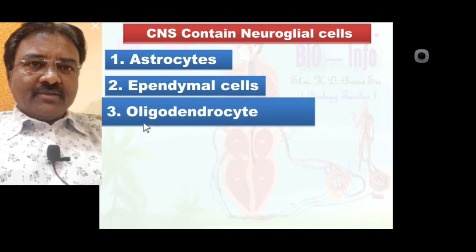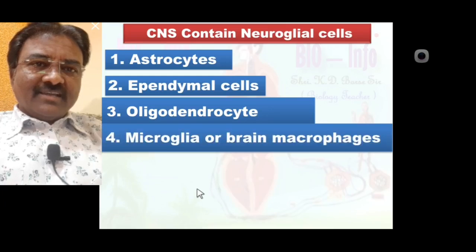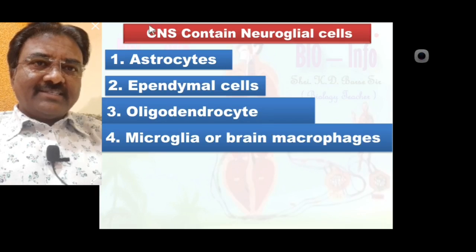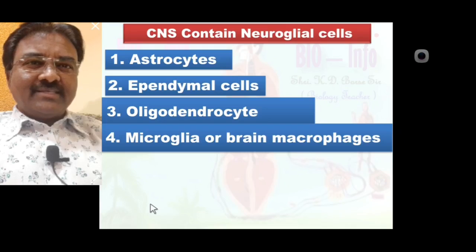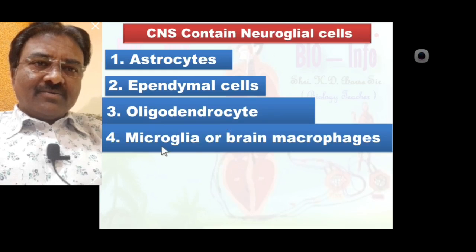Number 3, oligodendrocytes are also neuroglial cells present in the central nervous system. And 4th, microglia or brain macrophages are also neuroglial cells present in CNS. Means which are the neuroglial cells present in CNS? Astrocytes, ependymal cells, oligodendrocytes, and microglia or brain macrophages.